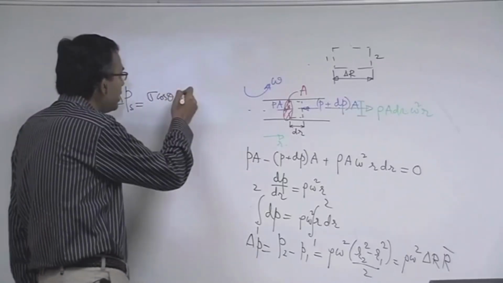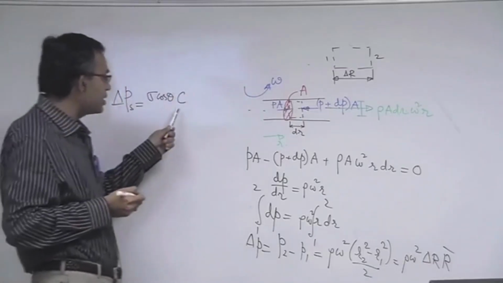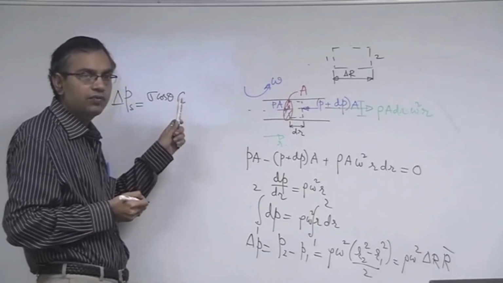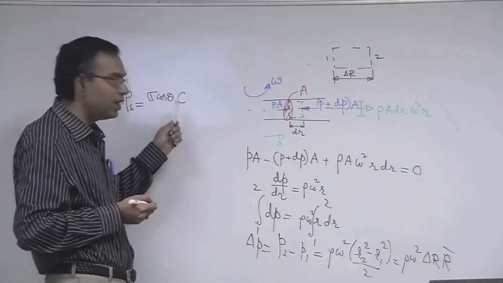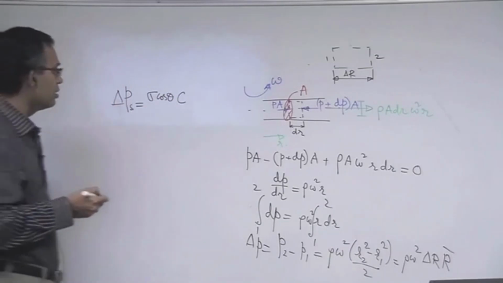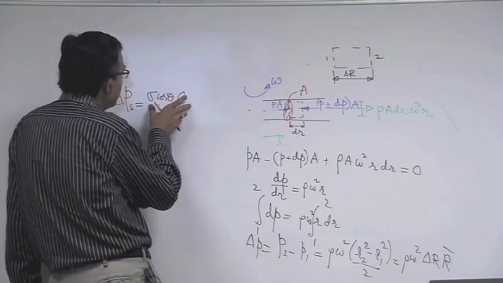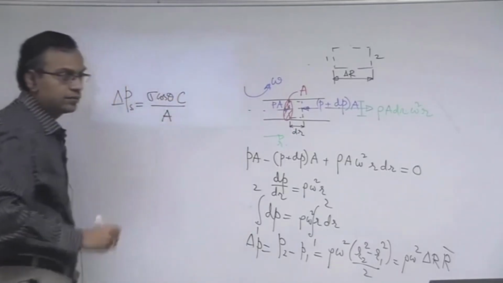In this particular chapter, in the slides also, I have kept C as the perimeter. The reason is many times we commonly confuse between the symbols of pressure and perimeter. So this is perimeter but we have used C as the symbol. So this is the force divided by area.